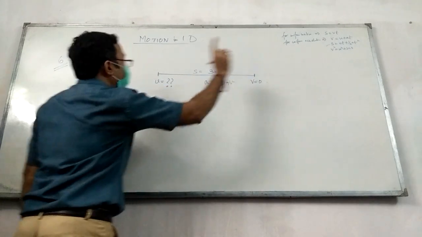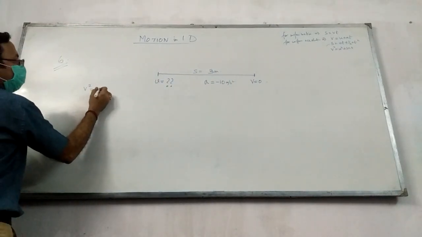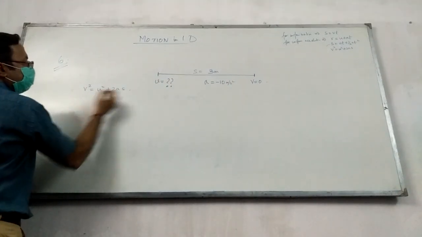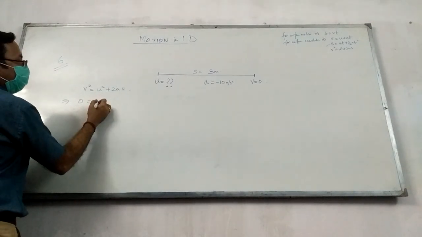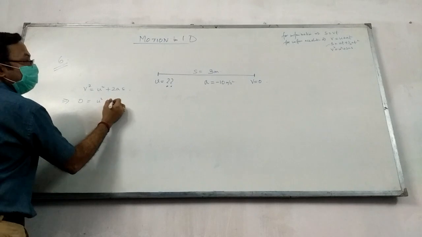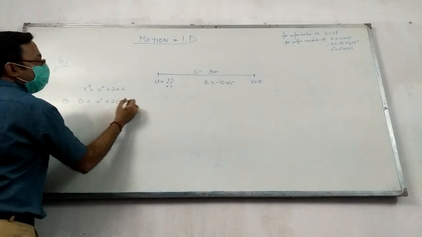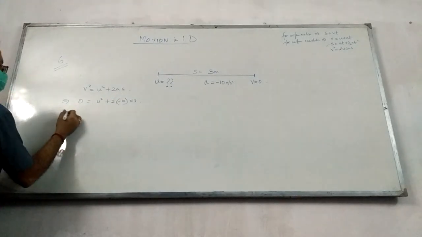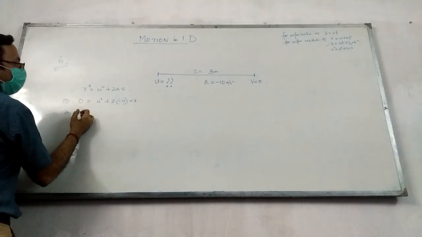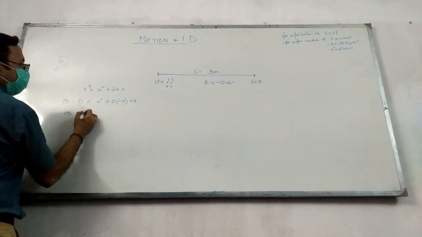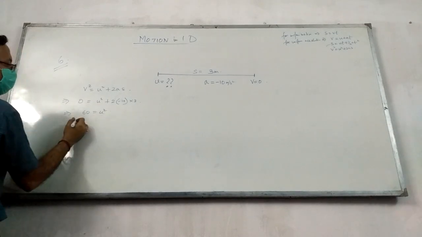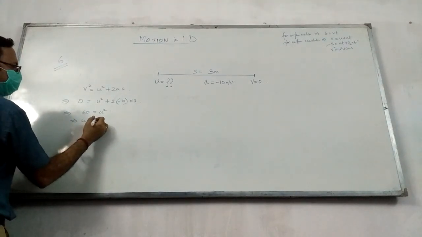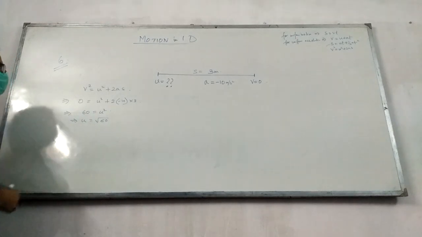Correct? The data that is given, which formula will you use? v square equal to u square plus twice as. What is the v? 0. u we need to find out. Plus 2 into -10 into 3. Correct? So 60 equal to u square, and u equal to root 60.